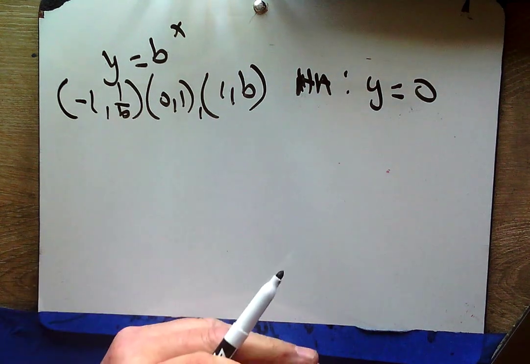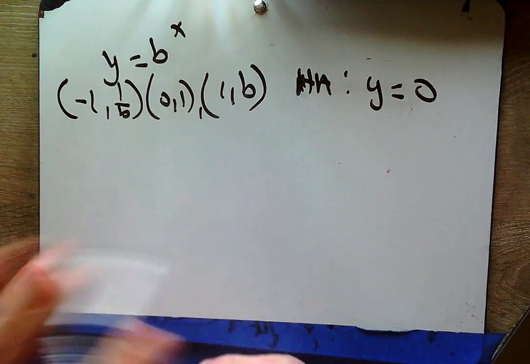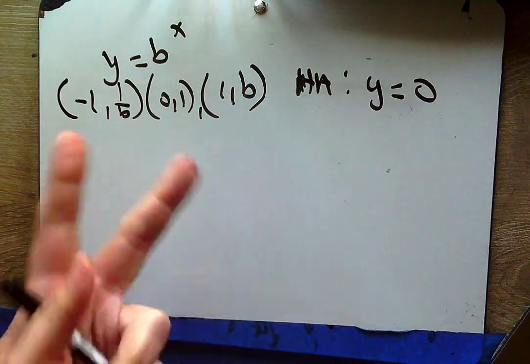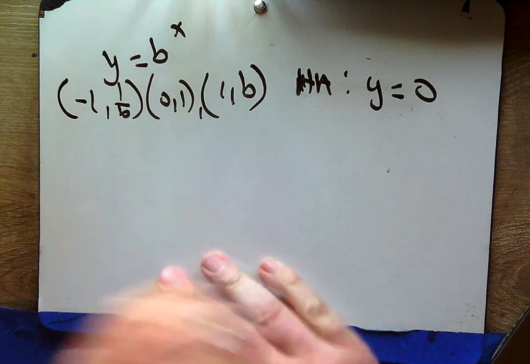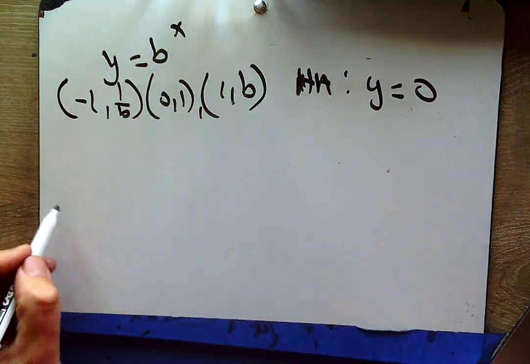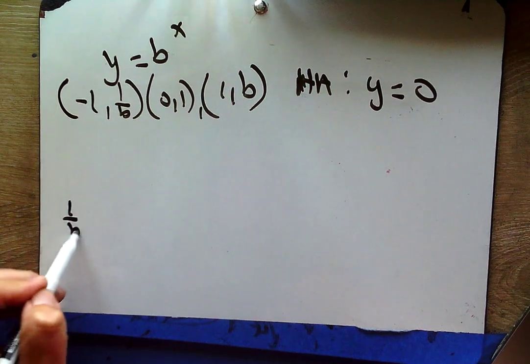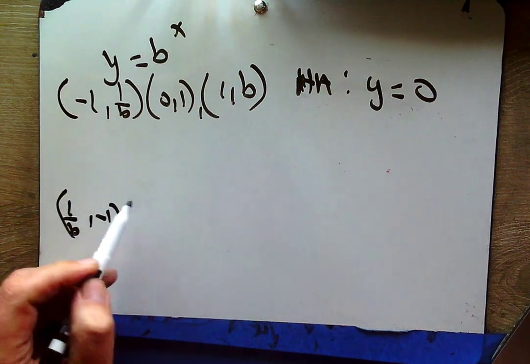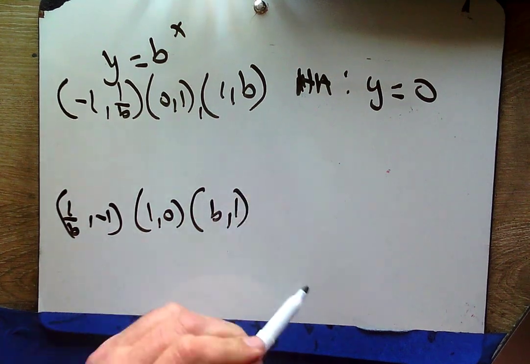Now, what's the inverse of this function going to look like? That's what I want to ask now. Well, remember two videos ago? Switch the ordered pairs. So if I switch the ordered pairs here, I'm going to have (1/b, -1), I'm going to have (1, 0), and I'm going to have (b, 1).